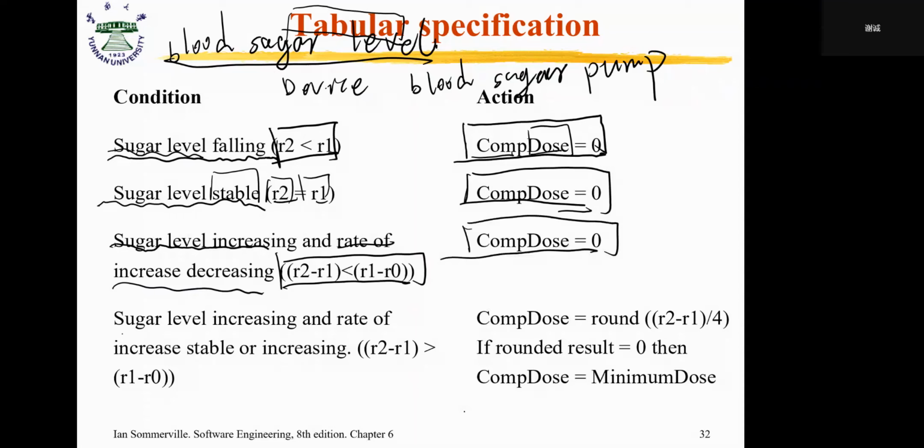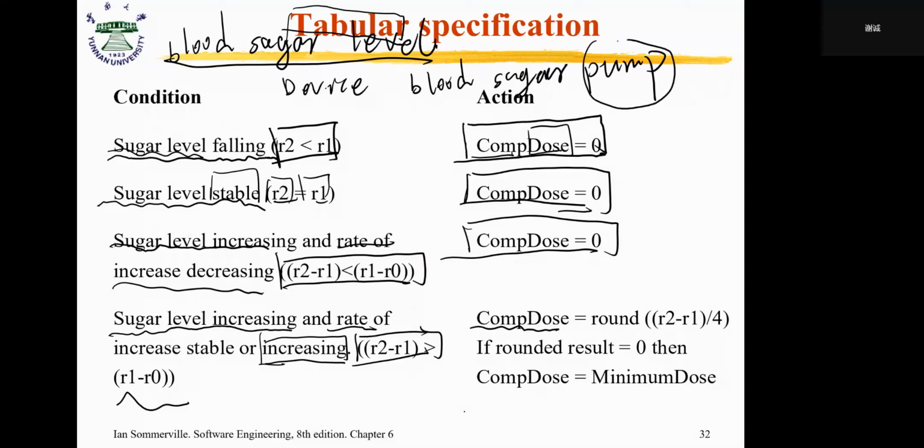But if your blood sugar level increasing rate is stable or increasing very quickly, meaning the calculation formula is this one, then the system controls the pump to inject some drug. How much to inject is according to this formula.